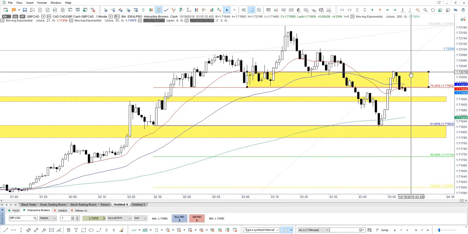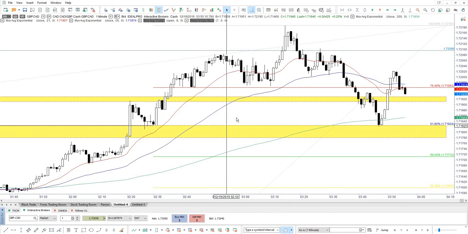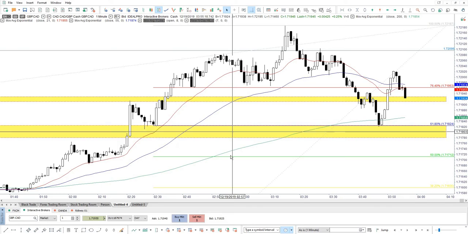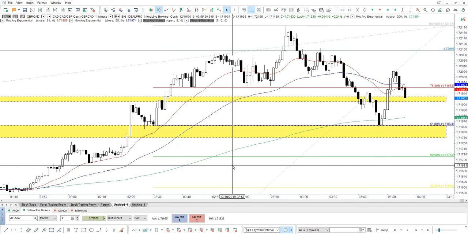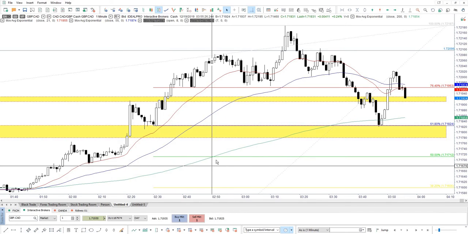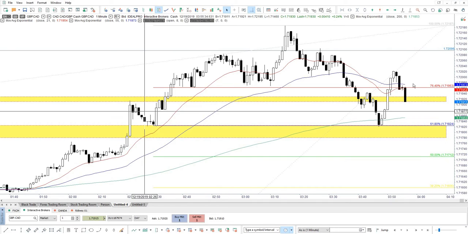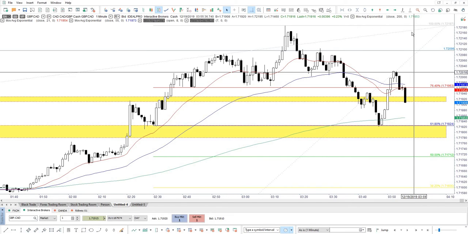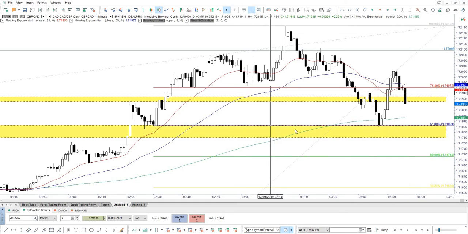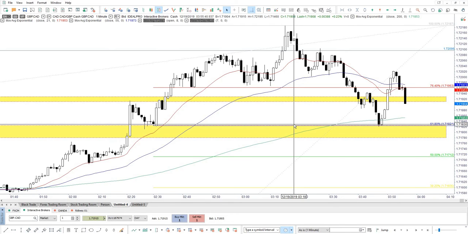So let's see how this one actually pans out. Okay, let's see. So it should be a good trade, hopefully. Let's see, we can at least look to make 25 pips at the least.